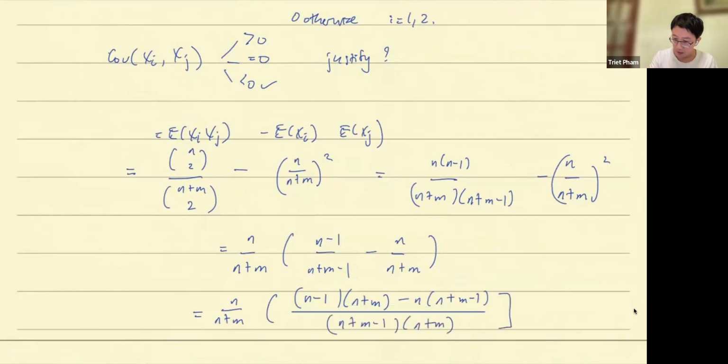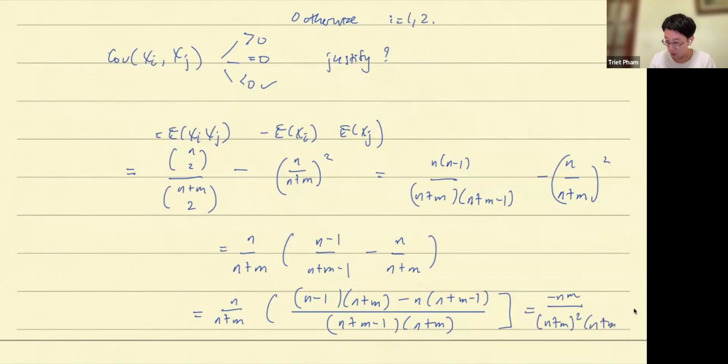And if you look at this, there's n squared minus n squared, that's cancelled. There's a minus n and a plus n, so that's cancelled. There's a plus nm and a minus nm, so that's cancelled. But there's a minus m here that's not cancelled with anything. So the final answer here is minus nm over this.